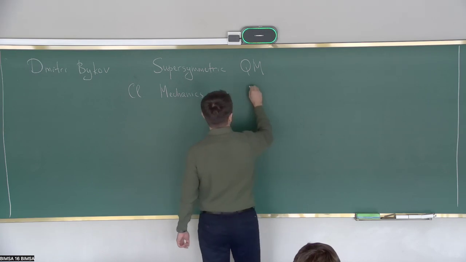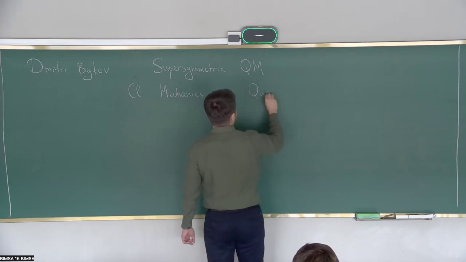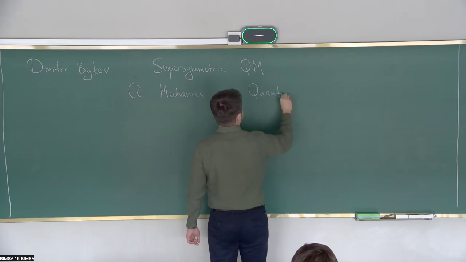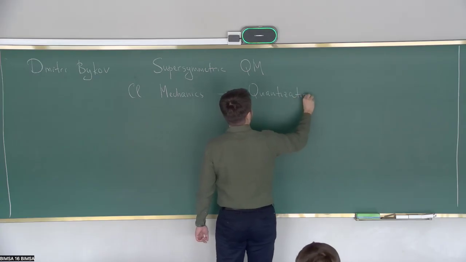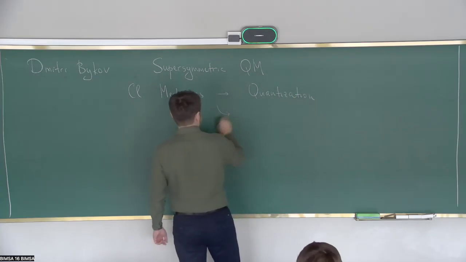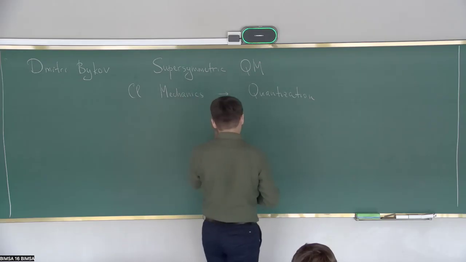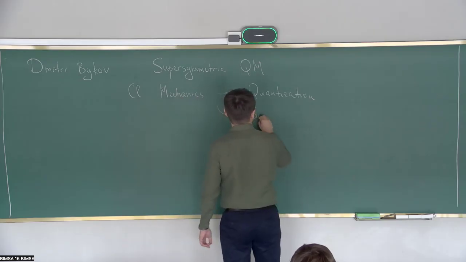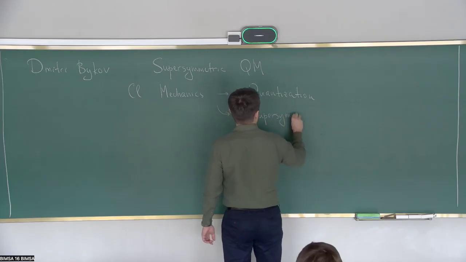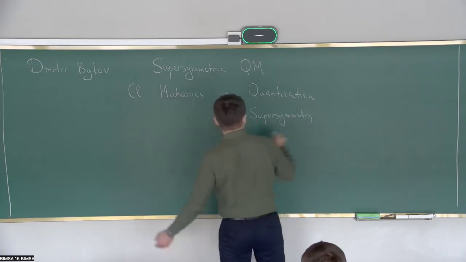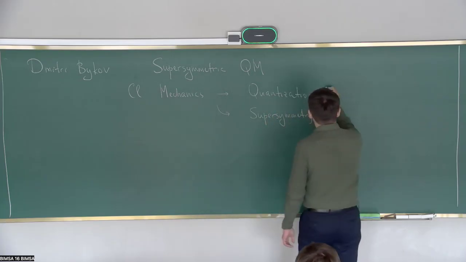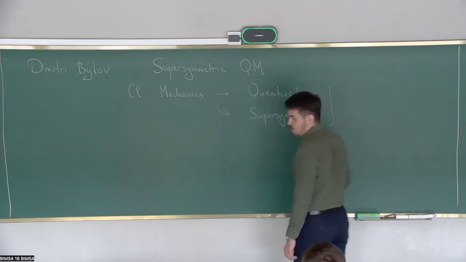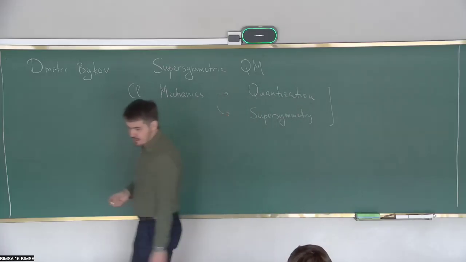So this is quantization, which gives you quantum mechanics. And supersymmetrization, so supersymmetry. And this can also be combined, which will actually lead to quantum supersymmetric models.